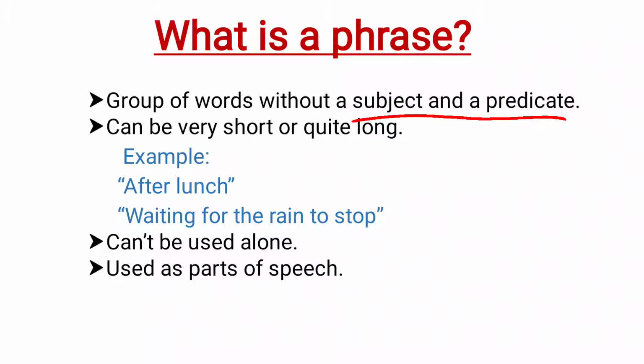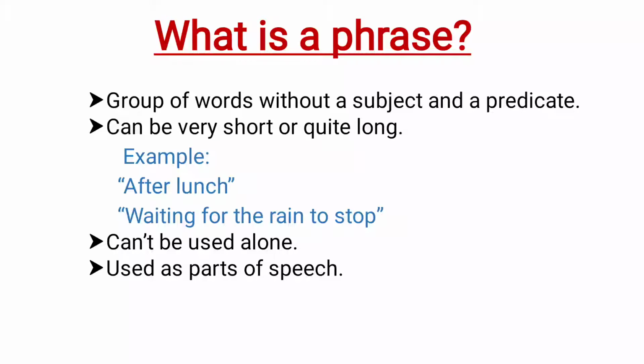Let us understand this with the help of an example. After lunch, waiting for the rain to stop. In these two examples, you cannot identify what is a subject and what is a verb. And that is why these two examples are referred to as phrases. Phrases can't be used alone, but you can use them as part of a sentence where they are used as parts of speech.